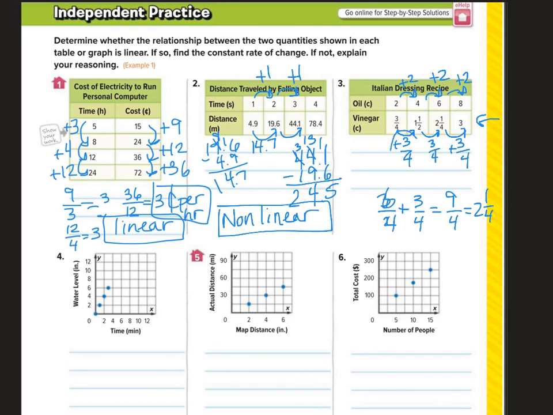So since my change of 3/4 over my change in 2 is equal to each other each time, this is linear. And it has a constant rate of change of 3/4 vinegar for every 2 cups of oil.